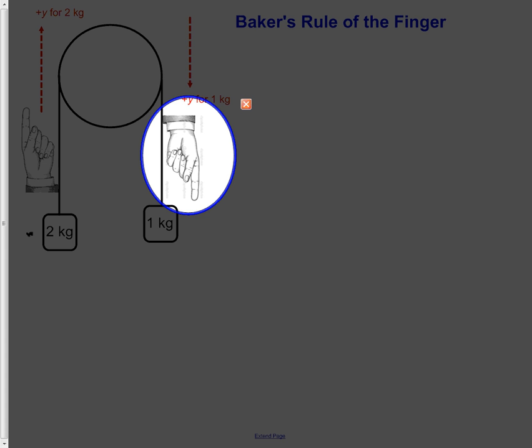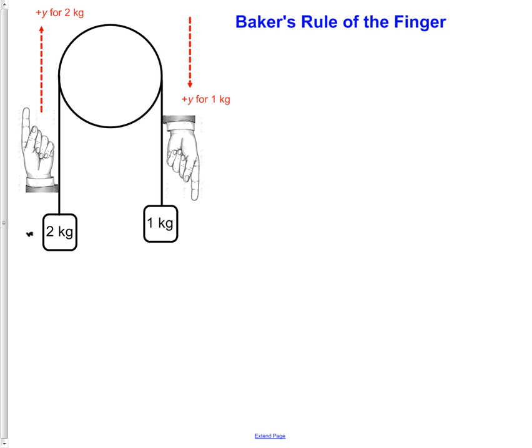So you see you've wrapped your finger around the top, and now your finger is pointing down. That should be the positive direction that you choose for that object. Okay, so now when you do the rules of the game, you don't have to worry about A2 and A1, because if the 2 kilogram object has an acceleration in its positive direction, then the 1 kilogram object will have an acceleration in the same direction.